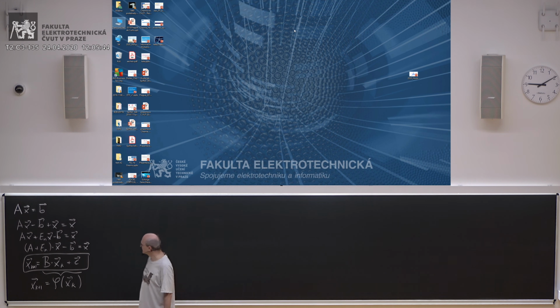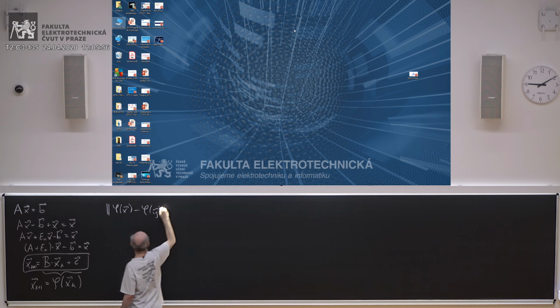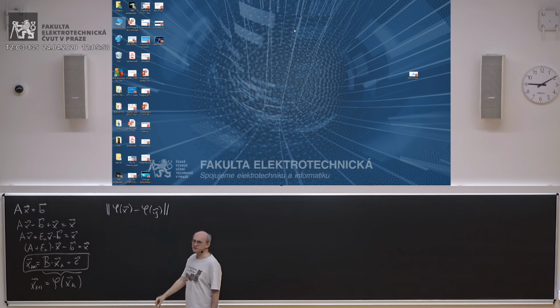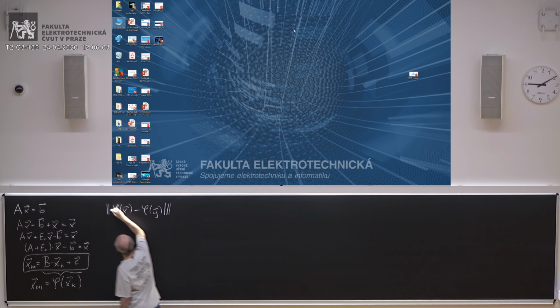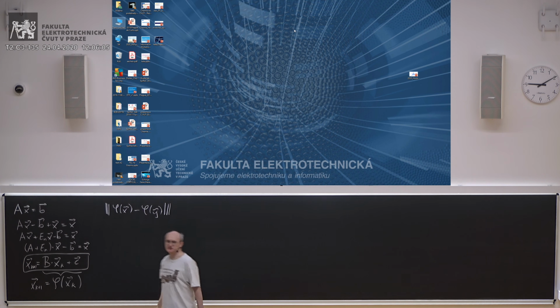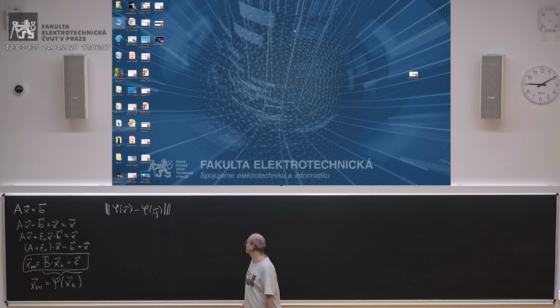Well, we definitely know how to measure distances for vectors. So let's see. We apply phi to some x and also to some y, and we look at the distance. For that we have a norm, which we introduced in the previous lecture. Which norm? I don't care. Let's give ourselves some freedom so that we can apply the norm that we prefer.